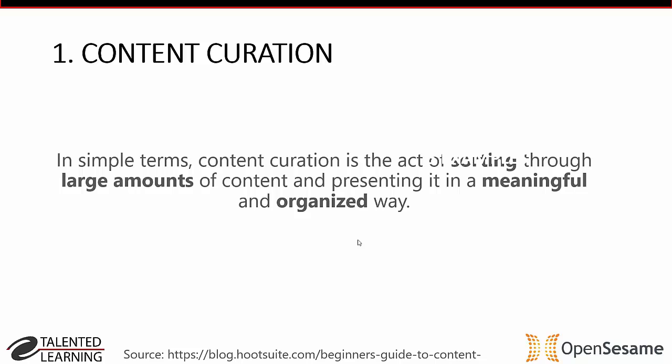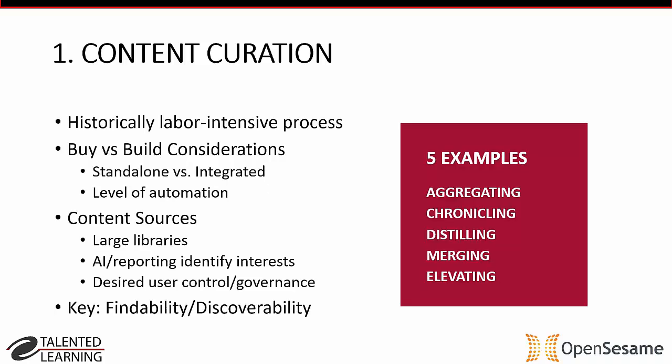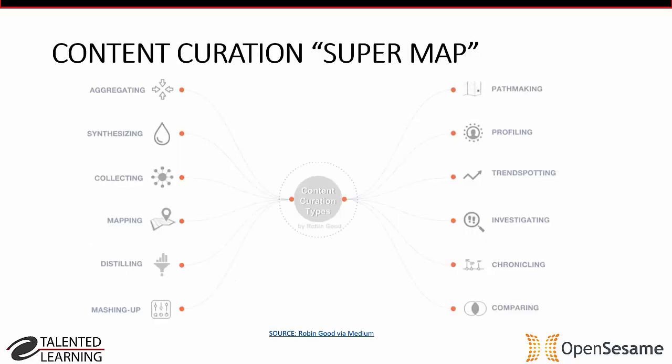As a curator, you are sifting and sorting through large amounts of content to present it in a meaningful and organized way, so our audience can derive value from it and trust us to give them future resources that will make them successful. Two good real-world examples are Spotify and Netflix.